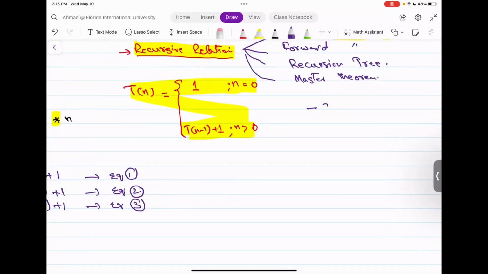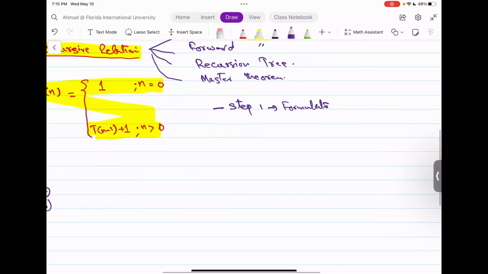Step number 1: formulate the recursive relation. Step number 2: solve this recursive relation, let me call it R. In order to solve, I'm going to use the backward substitution method.